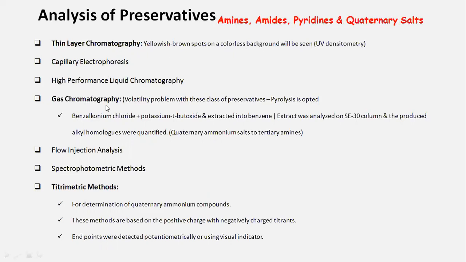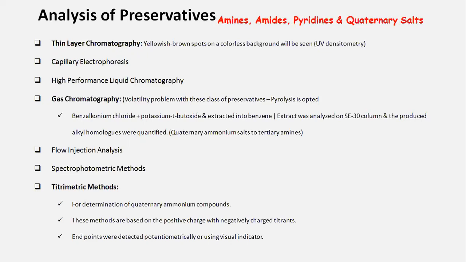Next, coming to gas chromatography, there is a volatility problem with this class of preservatives. So pyrolysis is compulsorily utilized before proceeding to gas chromatography. We are taking an example of a quaternary salt, benzalkonium chloride. Benzalkonium chloride is treated with potassium tertiary butoxide and extracted using benzene.